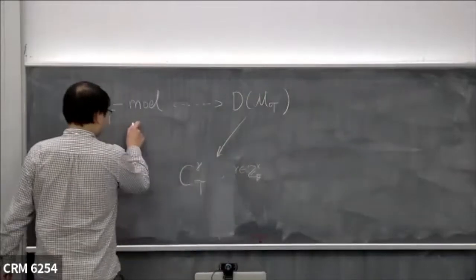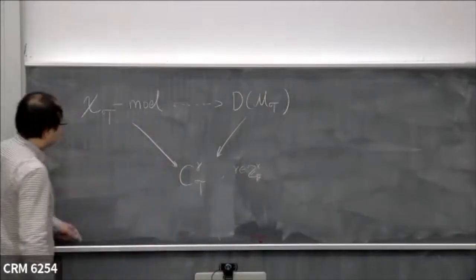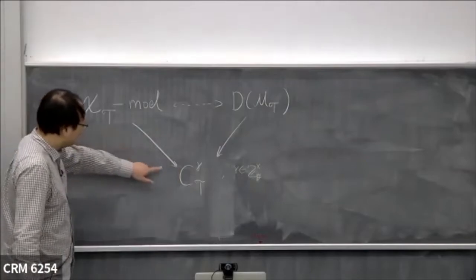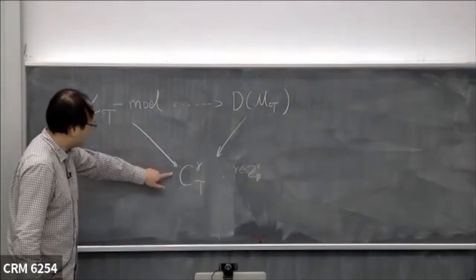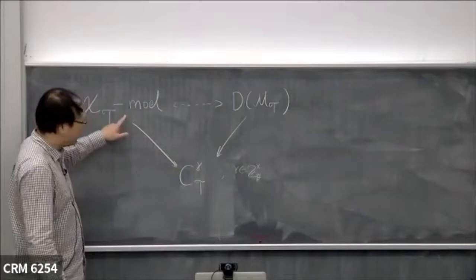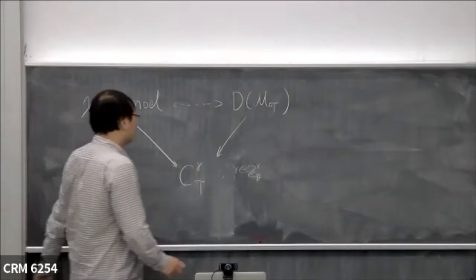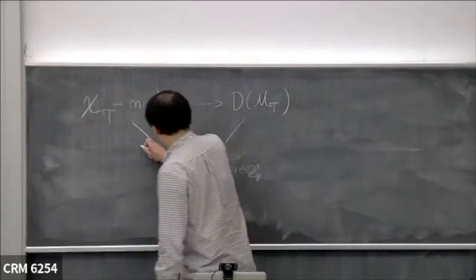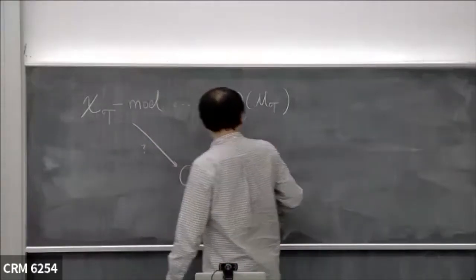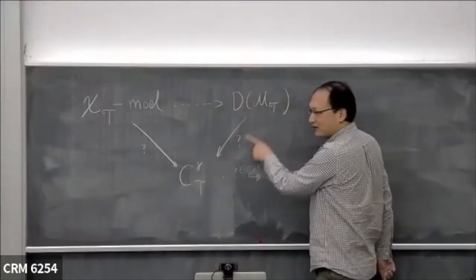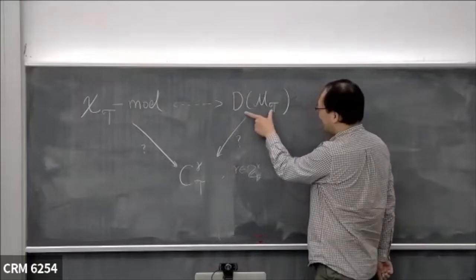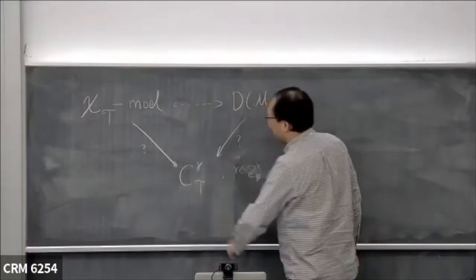And then there also seem to be connections between this MTC and the category of modules. But here there are two question marks. In general, I don't know what is this geometric process that goes from this complicated category to a nice MTC.